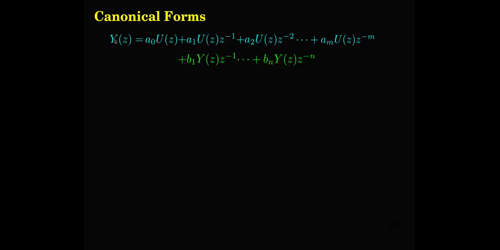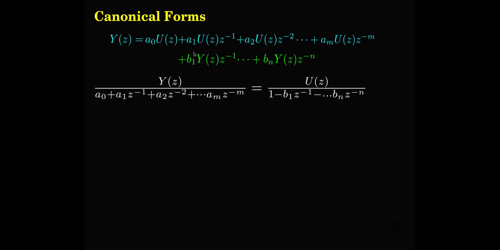If you look at the transfer function, the relationship between Y(z) and U(z), as we discussed, is of this form. You have the various U(z) terms and the various scaling factors b1 to bn for the feedback term, where Y(z) is the z transform of the output variable y(n).